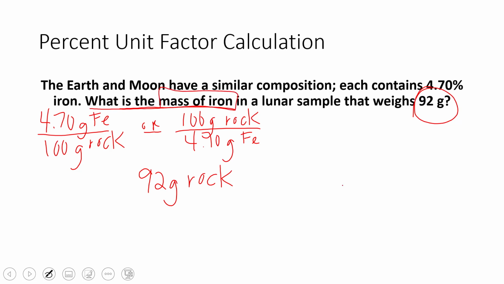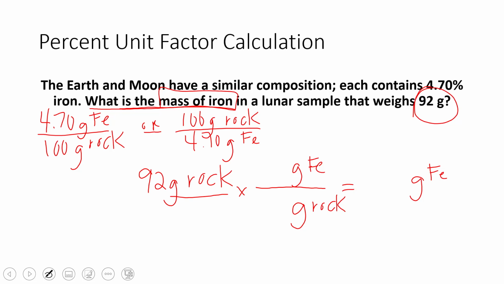It even says, what is the mass of iron? So I need to do some sort of equation where I get grams of Fe for my final answer. So I need to use the conversion factor that gets rid of grams of rock down here. So what do I want? I want grams of Fe, right? It's what I want over what I've got. I want grams of Fe, I've got grams of rock.